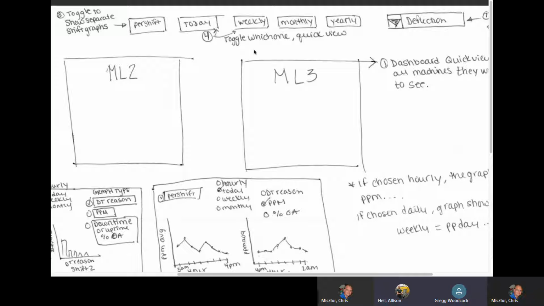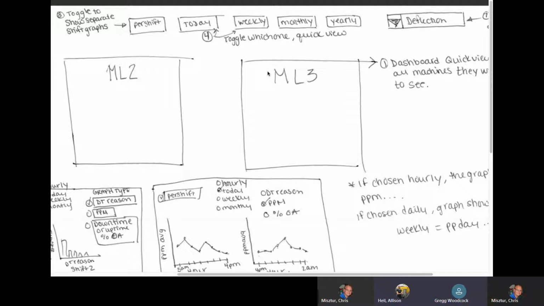And then they want to be able to just have a toggle button where they can say per shift and it splits it up into the 2 shifts. Or they click today and then it shows them the today thing, the weekly, monthly, yearly. And then maybe a past hour or something. So it'll show them the graph based off of that preset button.